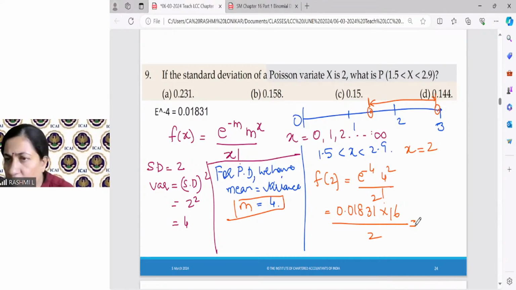Standard deviation for Poisson: standard deviation is the square root of variance. Standard deviation is equal to the square root of variance. Okay.